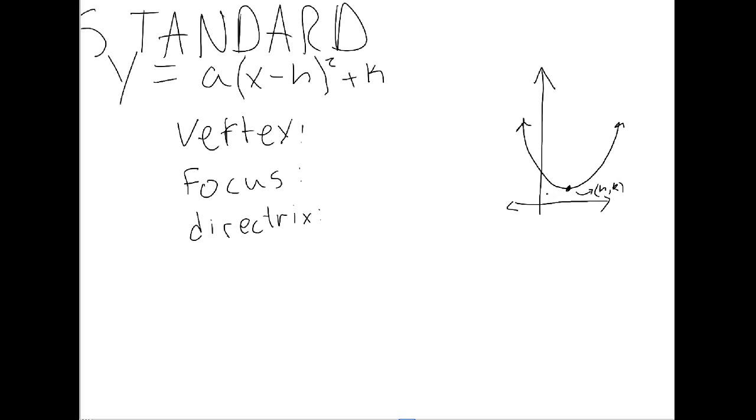Now, the directrix and the focus are a little bit more complicated. The focus is generally above the vertex, and the directrix is an equal distance below the focus, and it is an actual line given as y equals k minus 1 over 4a.